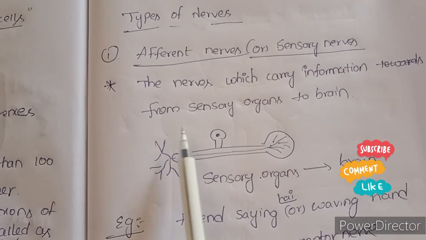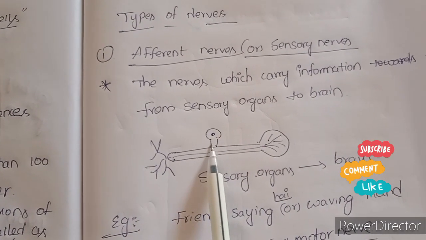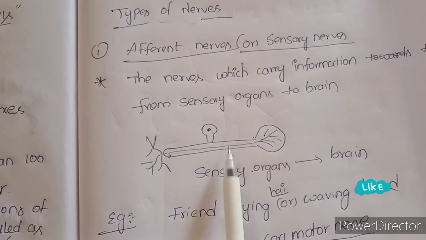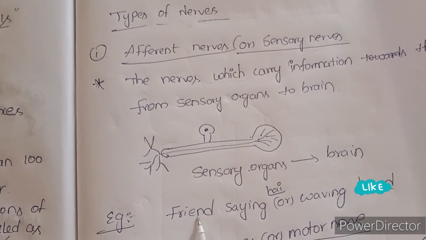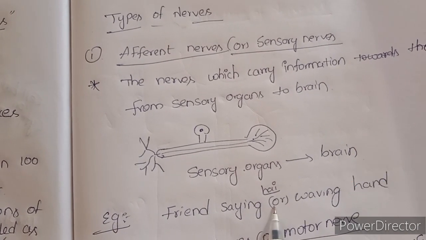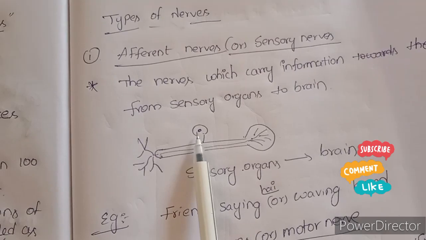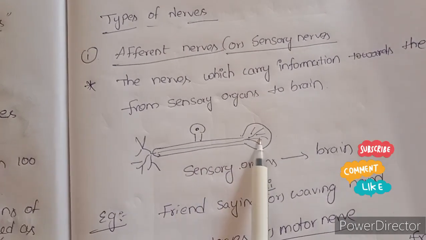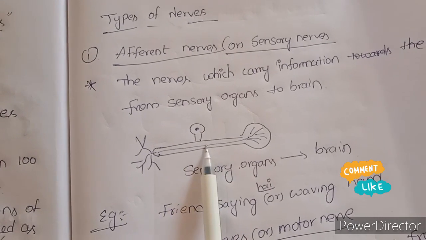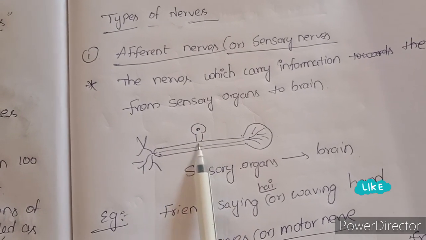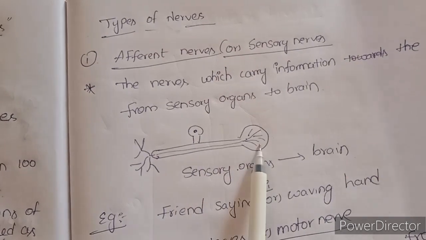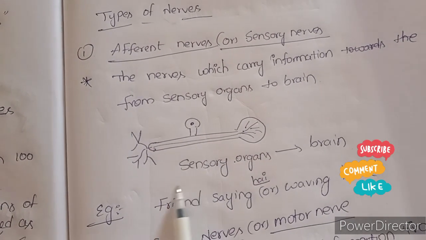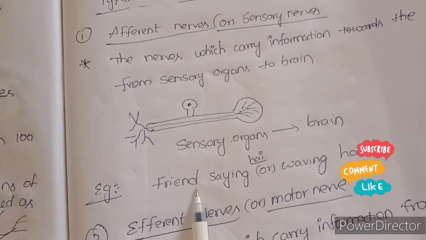Here is one example: if you see your friend say hi, first we see with our eye, then it moves to the brain and gives information. Our eye is seeing her waving a hand, and the brain tells us she is waving a hand. This is the example for afferent or sensory nerves.